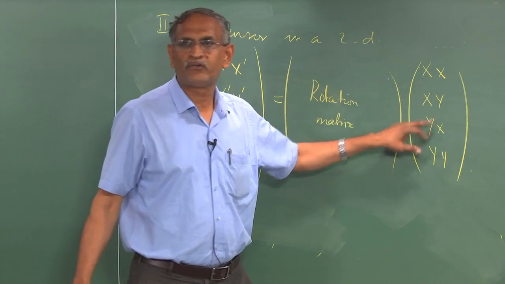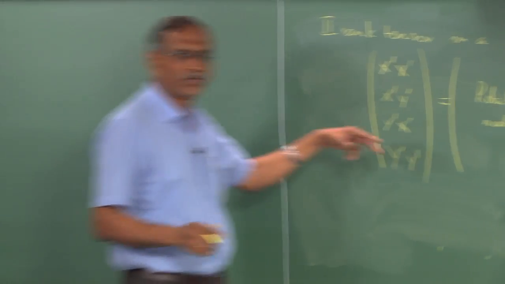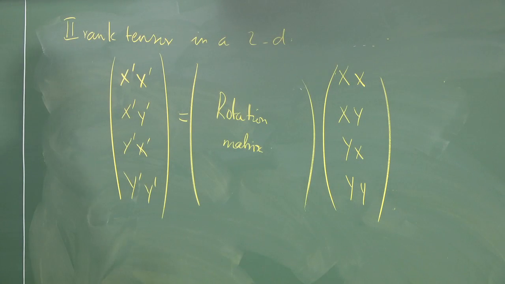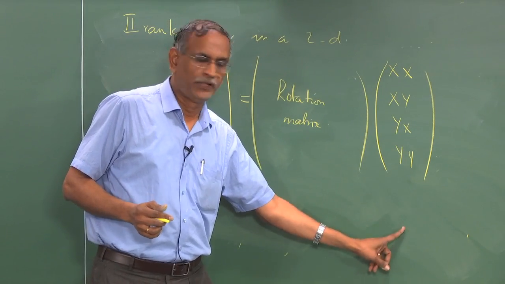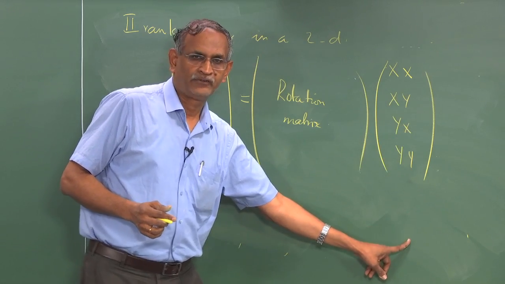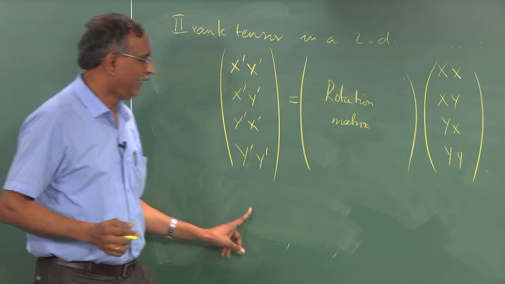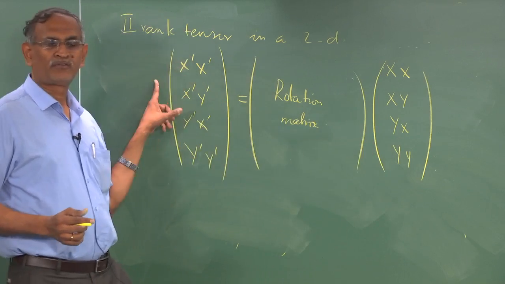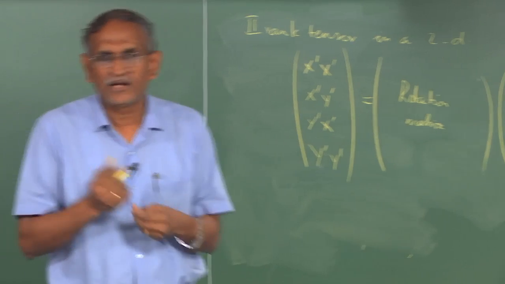And these are called the unit tensors of second rank in the 2-dimensional system. Therefore, any quantity which has 4 components, whose properties under coordinate rotation follow from the 4 components in the unrotated directions to the 4 components in the new rotated direction, connected by the same rotation matrix as the one that connects the coordinate systems, those 4 quantities are called components of a second rank tensor.